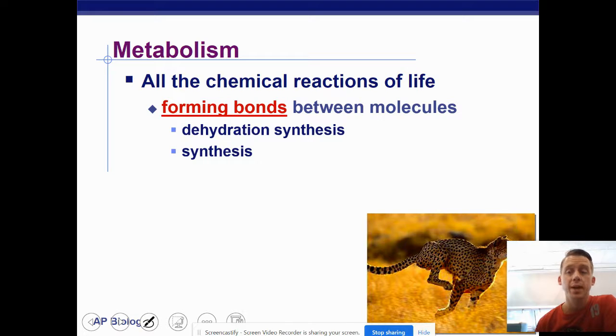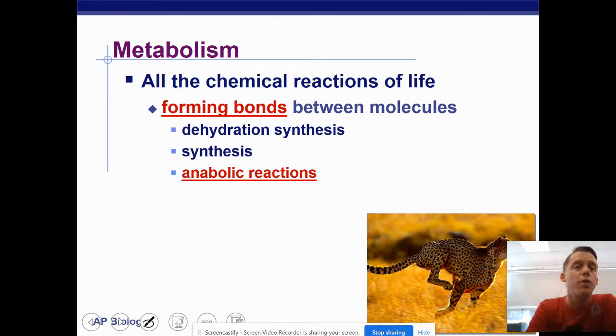Dehydration synthesis reactions, also sometimes just referred to as synthesis reactions, are forming bonds, making things bigger. We refer to bonds that make molecules bigger. The reactions that drive that are anabolic reactions.